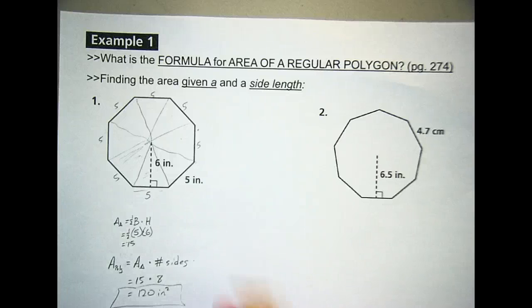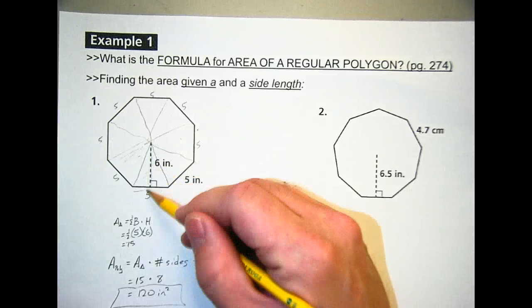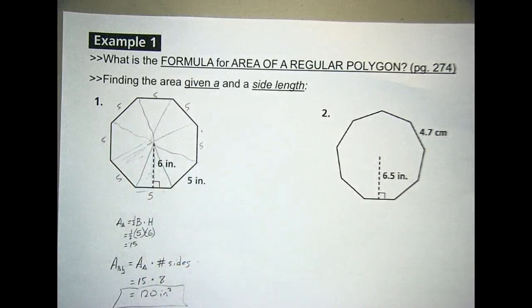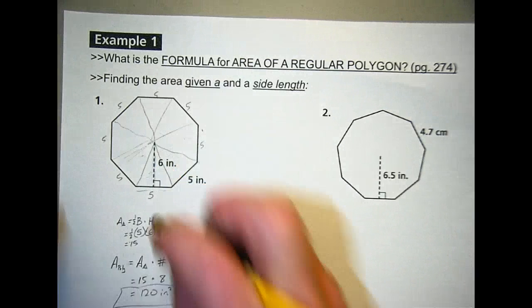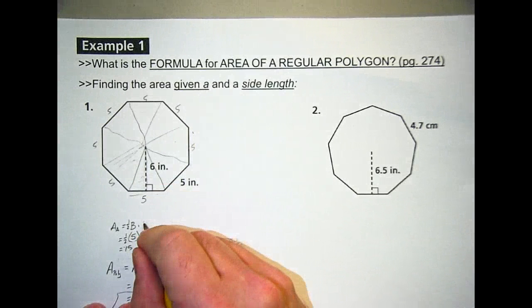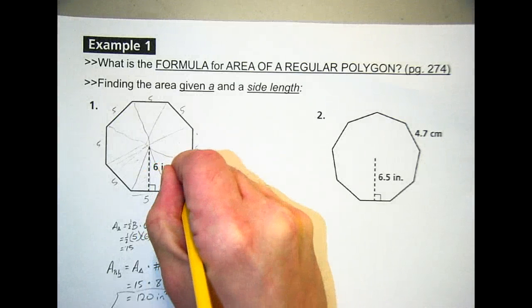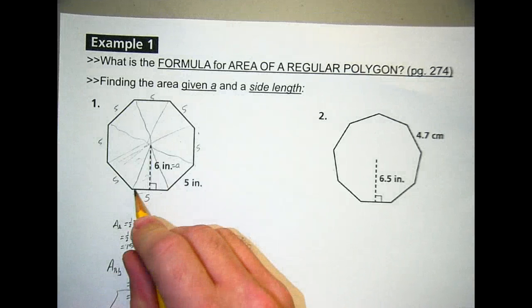Let's generalize it now. I've tried to do that right here. Now what do we call this length in a regular polygon? Yes, this is called an apothem. So rather than calling it height, let's call it apothem, and we're going to call that A. Everyone with me? Okay, so this is our A. And then we have the base.